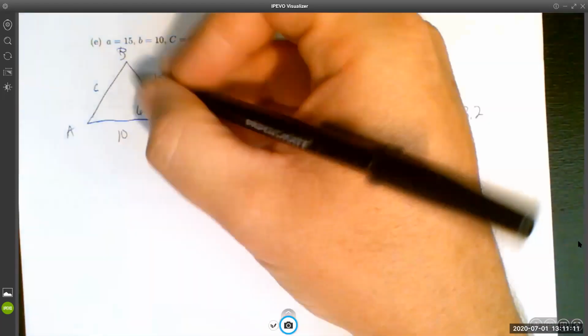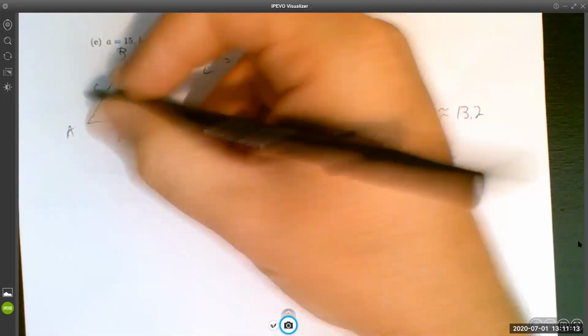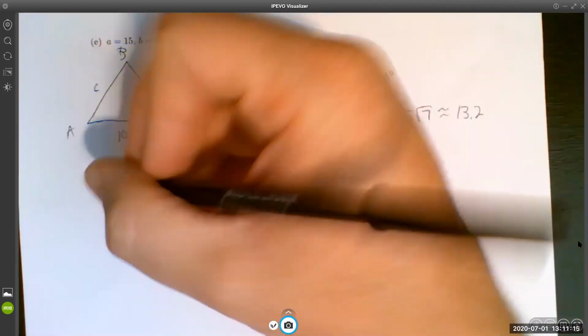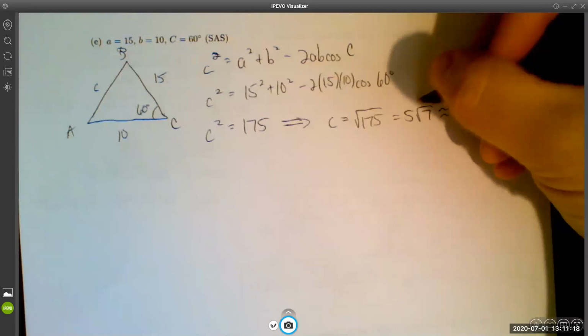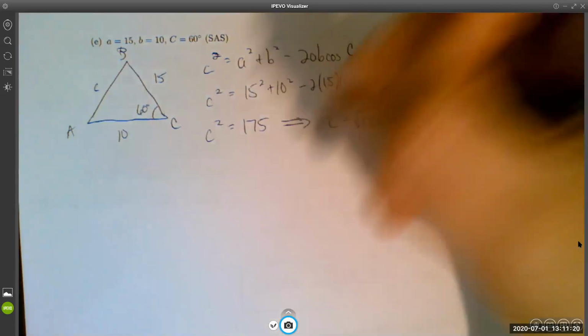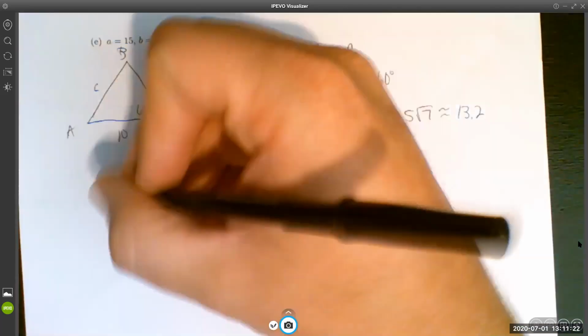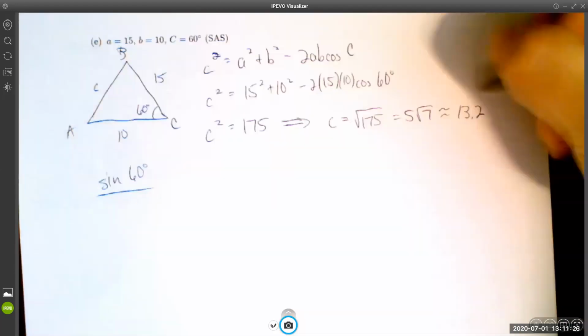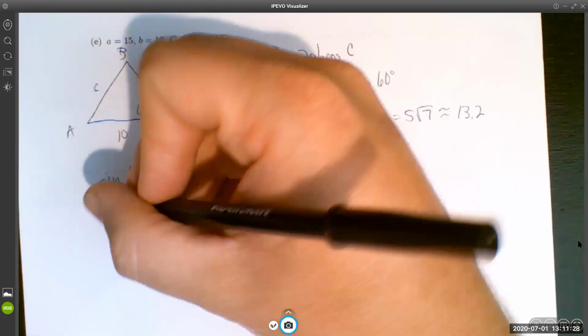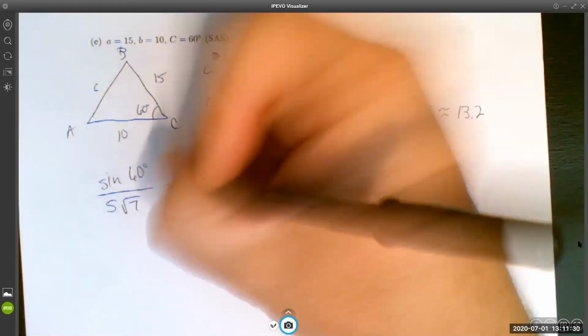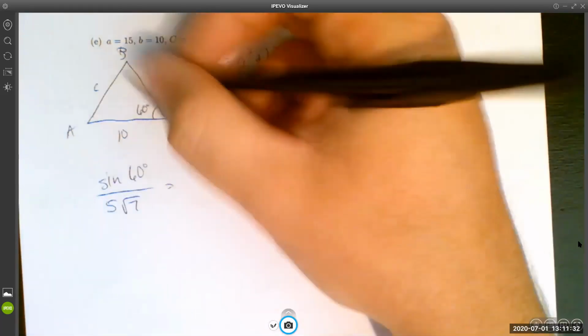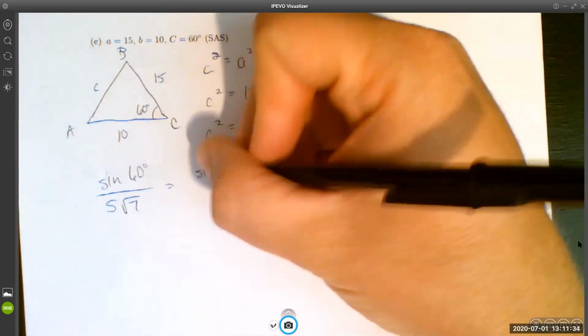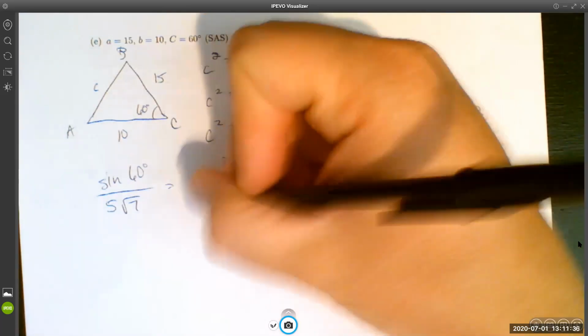I'm going to say sine 60 over 13.2, or actually maybe I'll use the exact value so it'll be more precise: sine 60 over 5 root 7. So sine c over c equals sine b over b, which is 10.